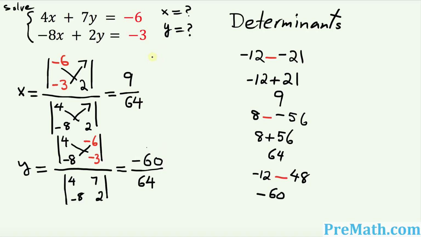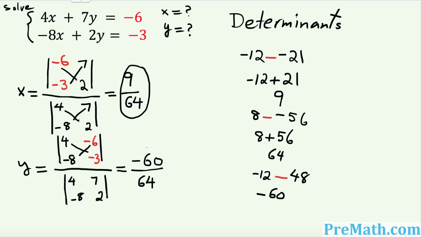So next, I want you to look at this over here. Ask yourself, can you simplify this one? I don't think it can be simplified. So your x value is going to be simply 9 over 64.